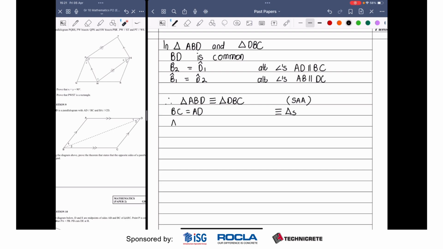And AB equals DC, also congruent triangles. Therefore, opposite sides of parallelogram ABCD are equal.